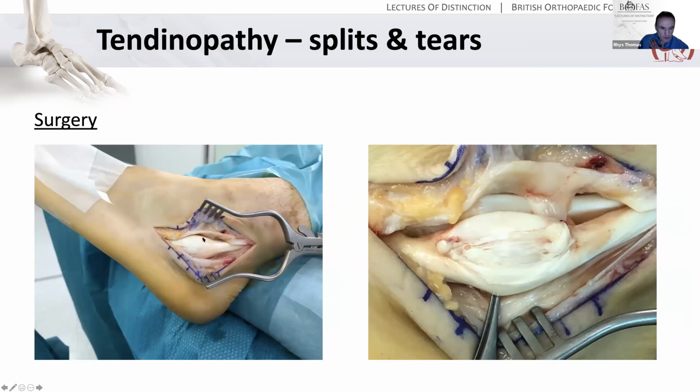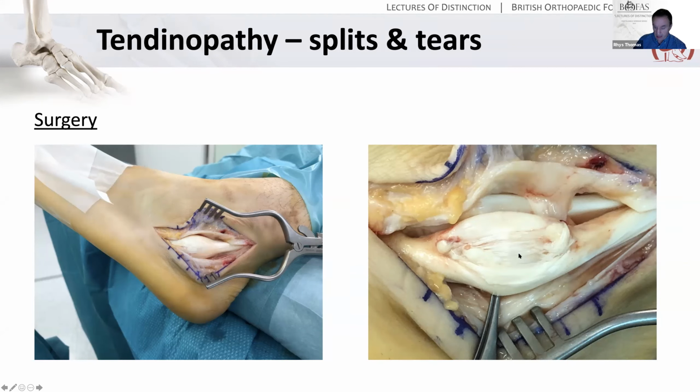This was opened, the sheath was opened, and you can see this large, very bulbous tendon. When you turn it around, you can see the attritional nature of the tubercle on the tendon itself. So it's a longitudinal split with the tendon essentially in continuity. The central area was excised.